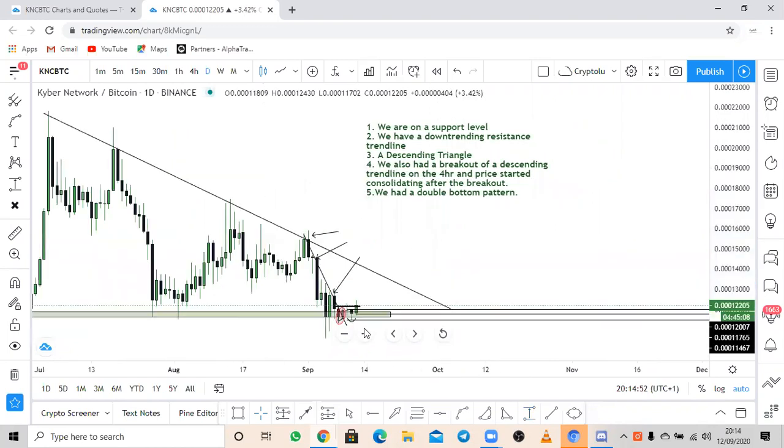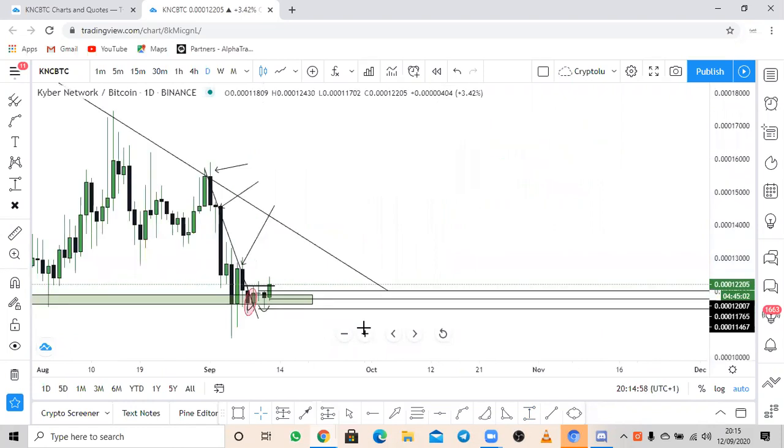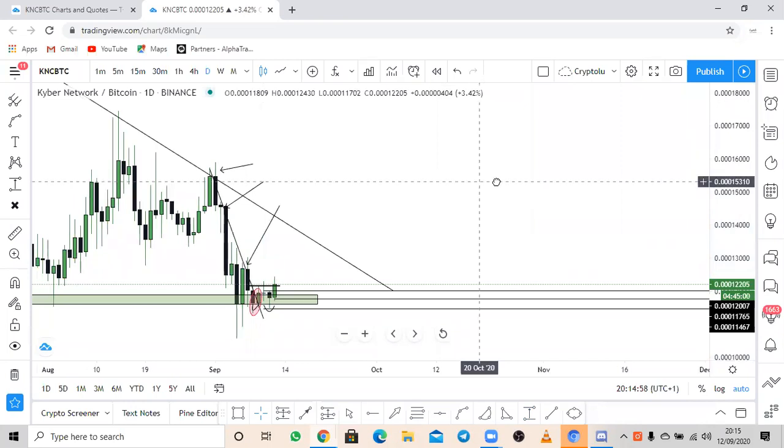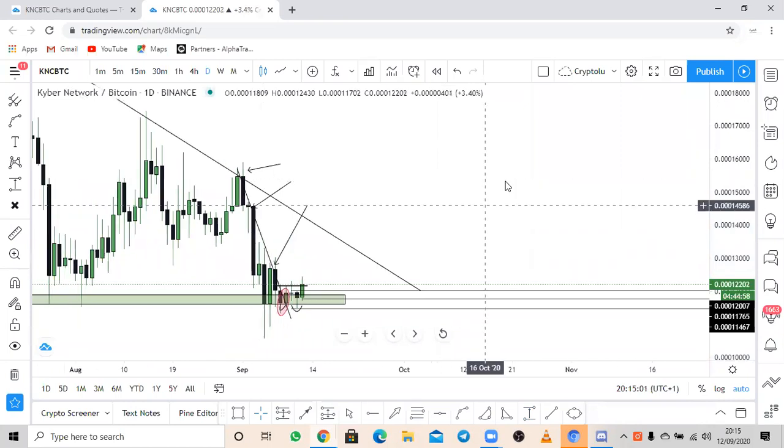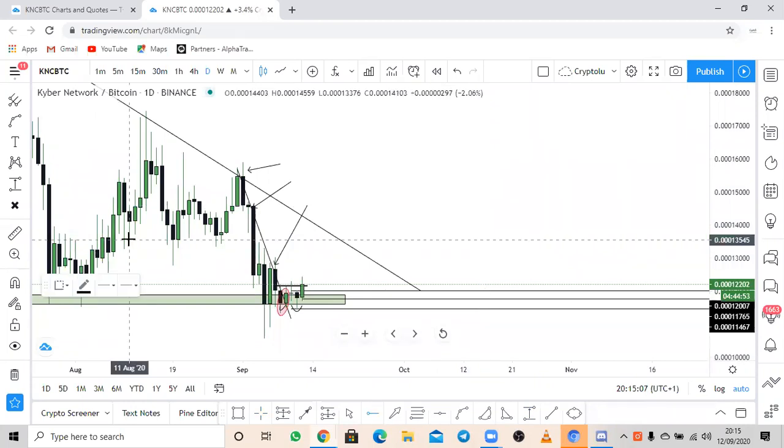So now the next thing to do is to mark our targets. Our first target here should be from this level here. Then our next target should be this next one here.